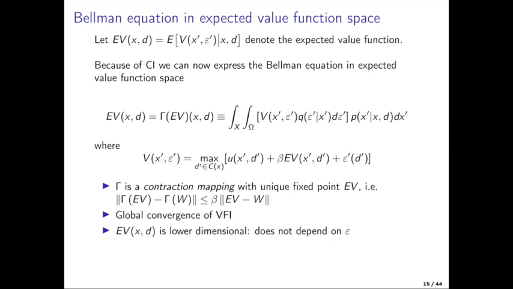You can already see that this is lower dimensional than the value function, because the value function here does not only depend on x, it also depends on this huge continuous state variable. Now, by taking expectations over it, we can integrate those epsilons out under the conditional independence assumption, and then the expectation conditional on the state variables and the decisions becomes only a function of those two variables, which is much lower dimensional.